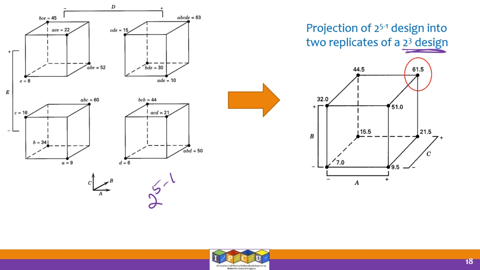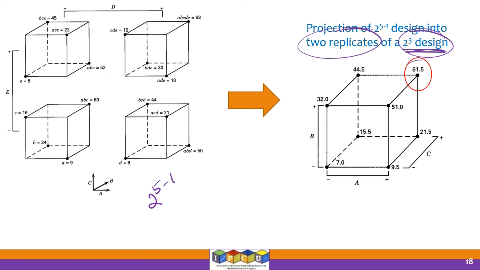All right, and the 16 experiments that we have done become a 2 to the power of 3 design with each experiment run twice. So that is what it is. All right, so this collapses, right? This 2 to the power of 5 minus 1 design collapses here, or projects itself into a 2 to the power of 3 design with replication, with complete replication, if you like.